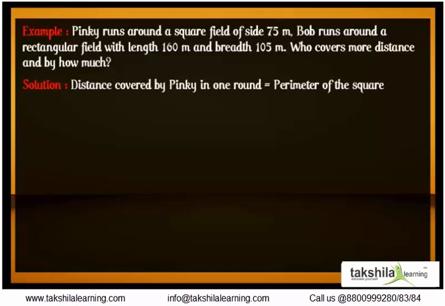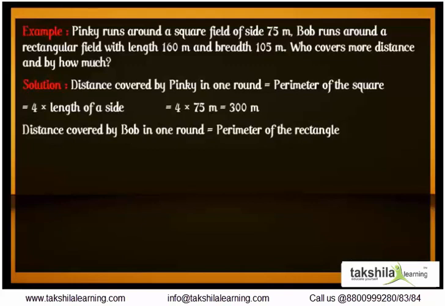Solution. Distance covered by Pinky in one round is equal to perimeter of the square is equal to 4 into length of a side is equal to 4 into 75 meters is equal to 300 meters.